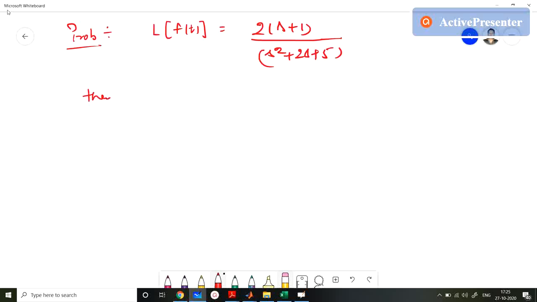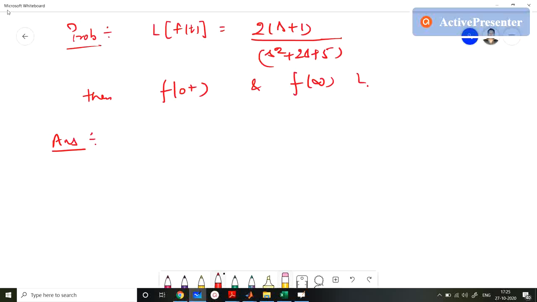Now what we need to find out? We need to find the initial value, that is f(0+), and the final value, that is f(∞). So let us solve this problem.